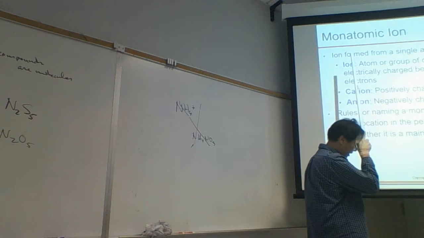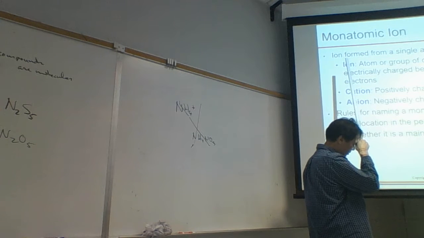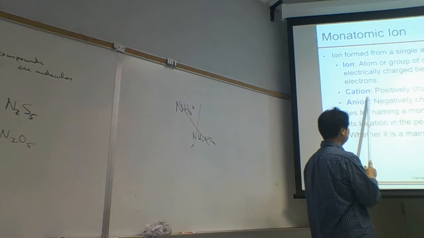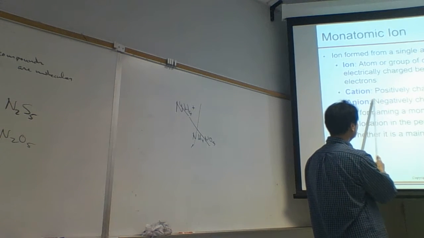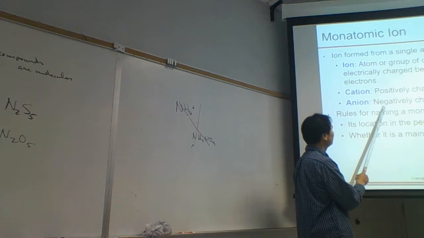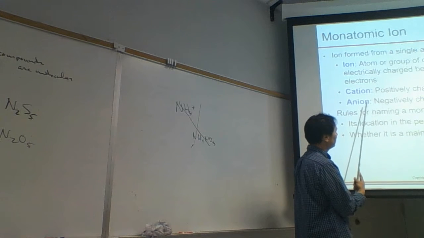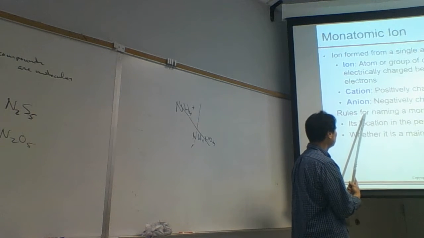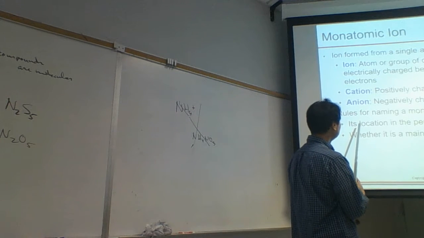When an atom loses an electron, then the positive charge is bigger than the negative charge. That results in a positively charged ion. And we have anions. Anions are negatively charged because some atoms, or not just atoms, but species, can gain electrons.